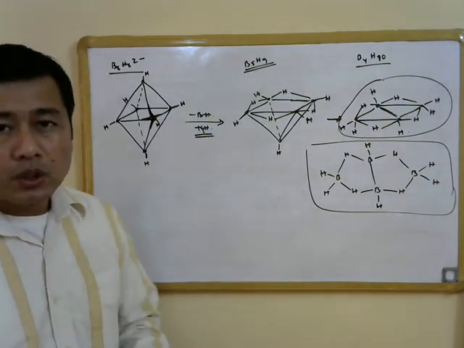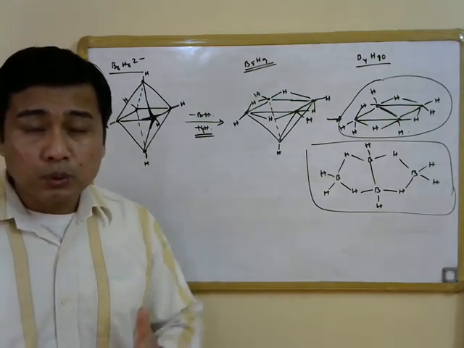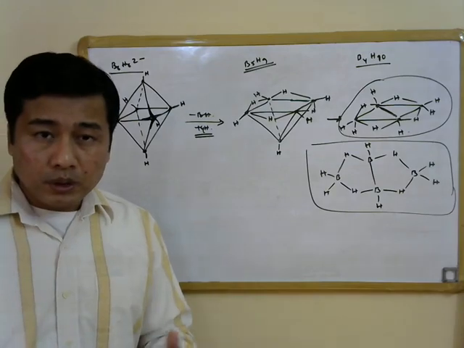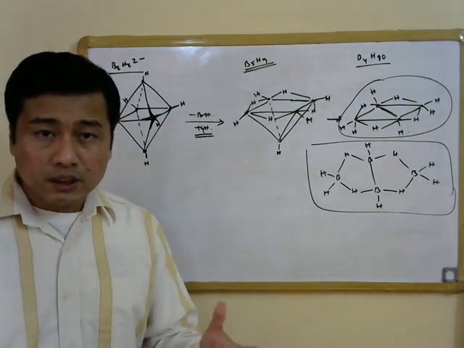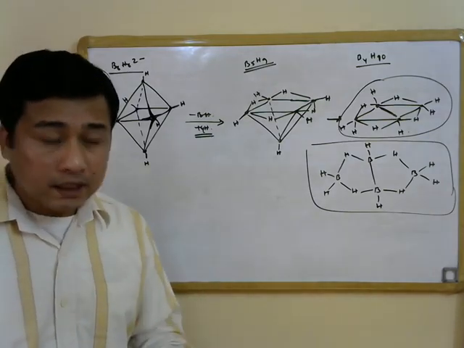Then we have drawn the structures of some of the closoboranes, and we have seen that these closoborane structures are essentially polyhedral, cage-like structures.